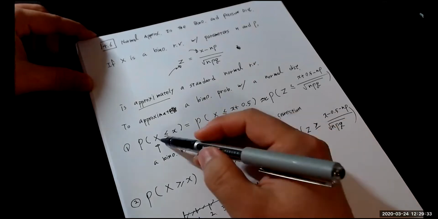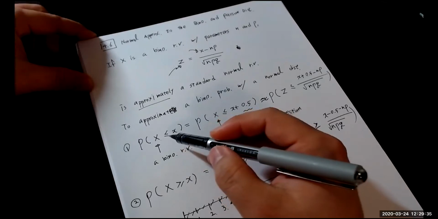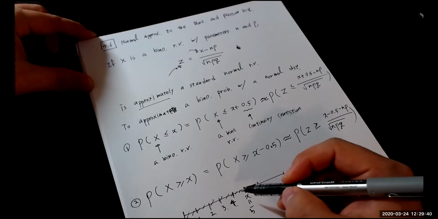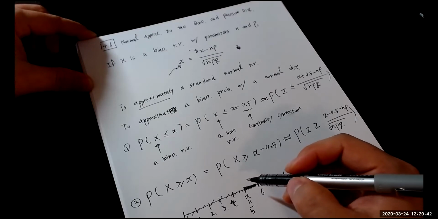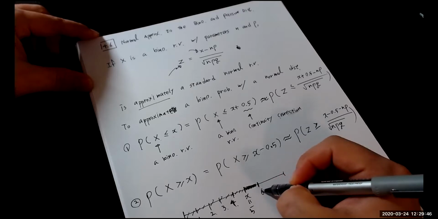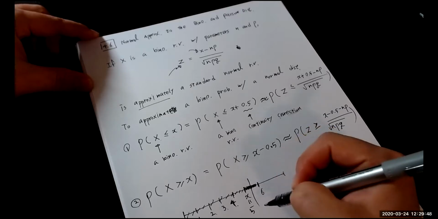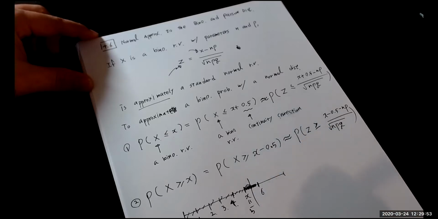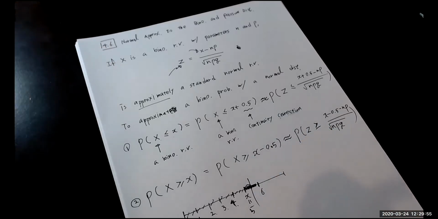Since x is a discrete random variable, we don't get the probability of a number between 5 and 6. So we add 0.5 up to here.